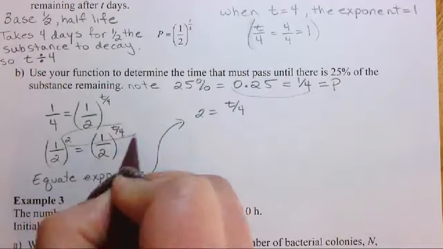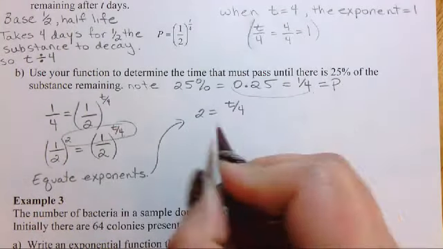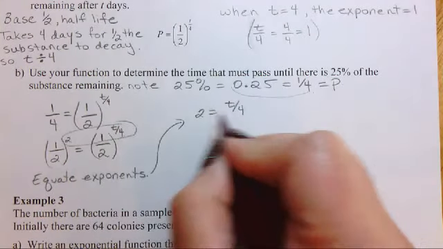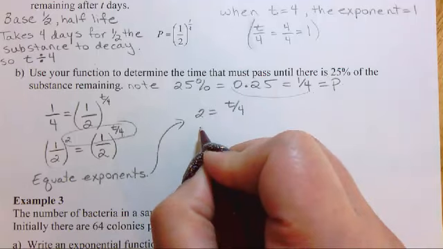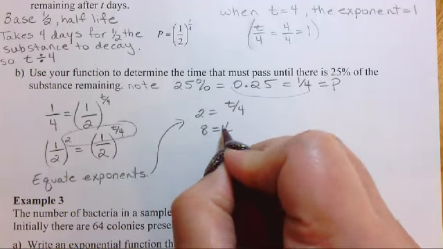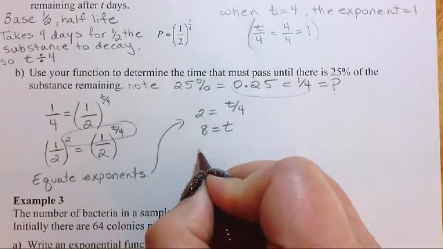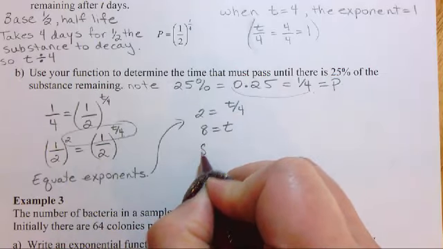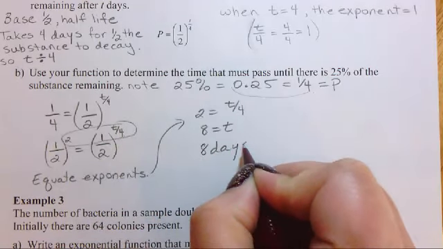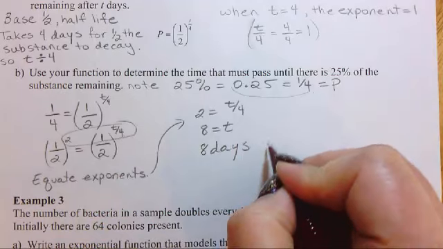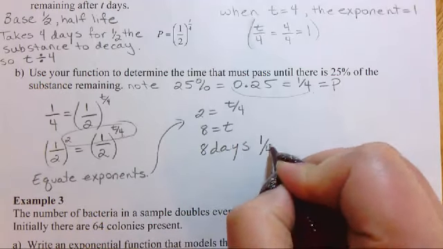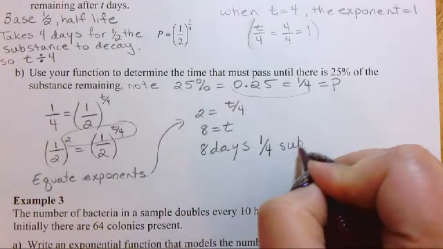Then I can solve for t. Multiply both sides by 4, and you end up with 8 equals t. That means that in 8 days, a quarter of the substance will be left.